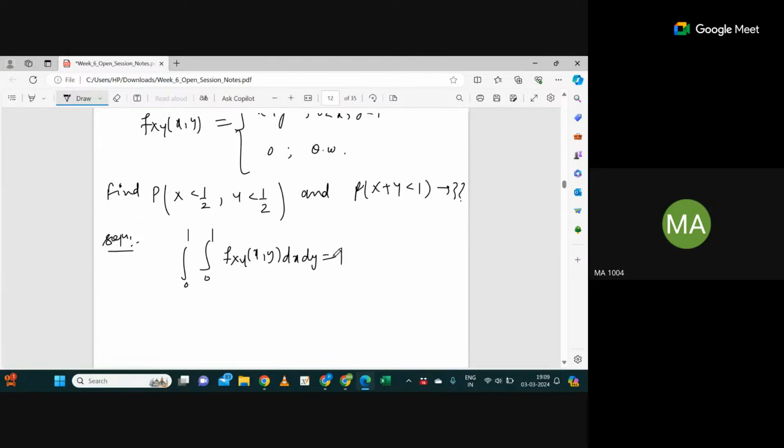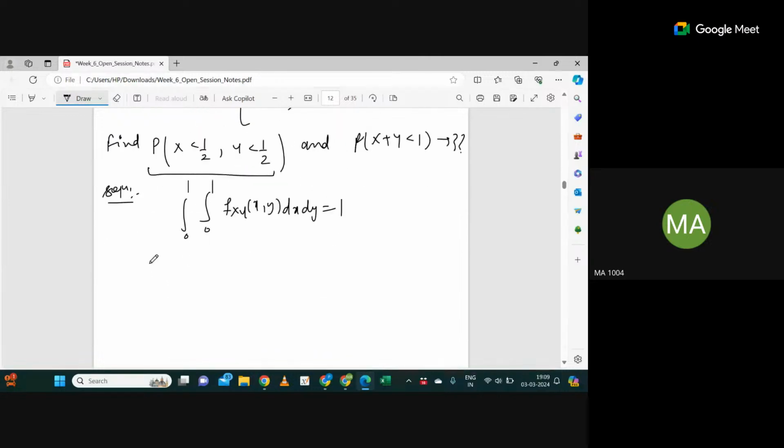Now how to proceed? First of all, this one is simple, right? If I ask probability x less than half, y less than half, that means what? From where to where do we have to integrate? First of all, let's draw the whole support of x and y. So x is 0 to 1, right? y is also 0 to 1. So this is the total support of x and y, correct?